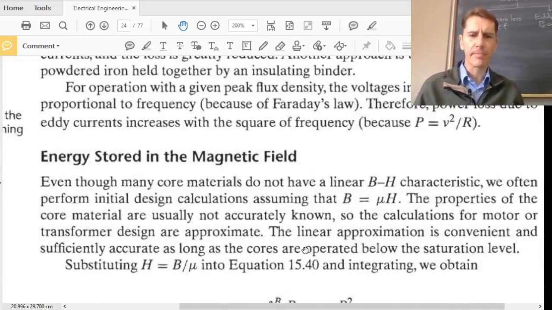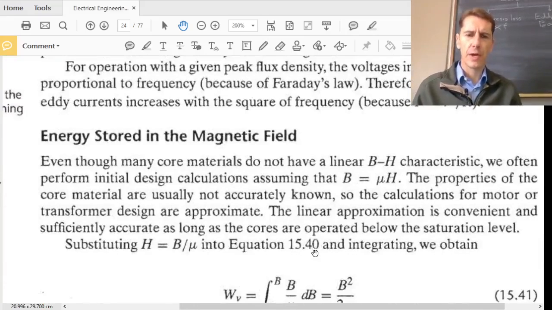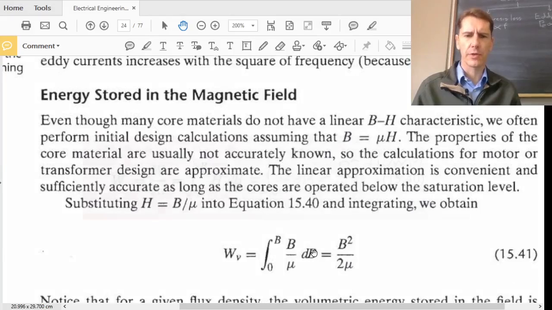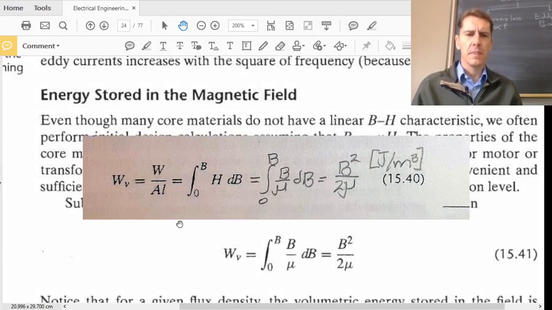Okay. Now, if we then, into that equation 15.40, and I'll show the whole thing again on the screen, substitute, then you get this volumetric energy B over mu, so we've replaced the H, and you integrate and you get B squared over 2 mu.